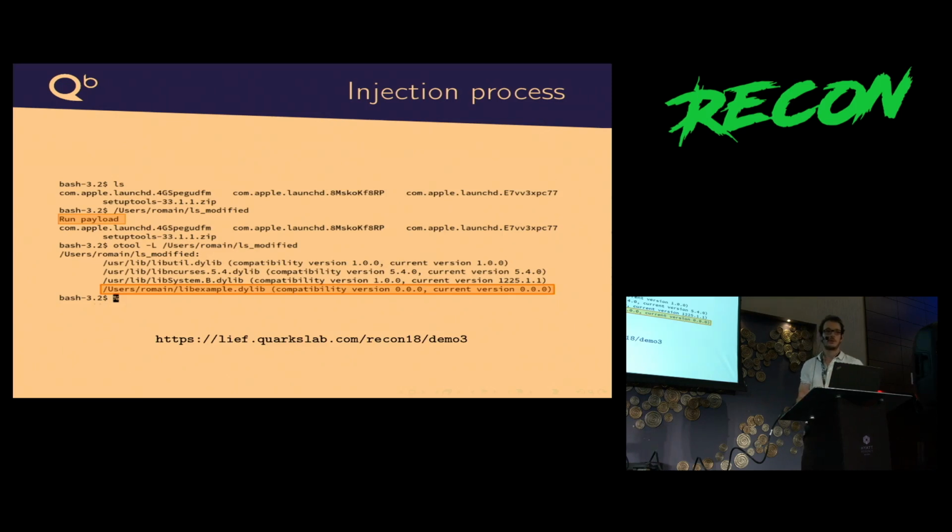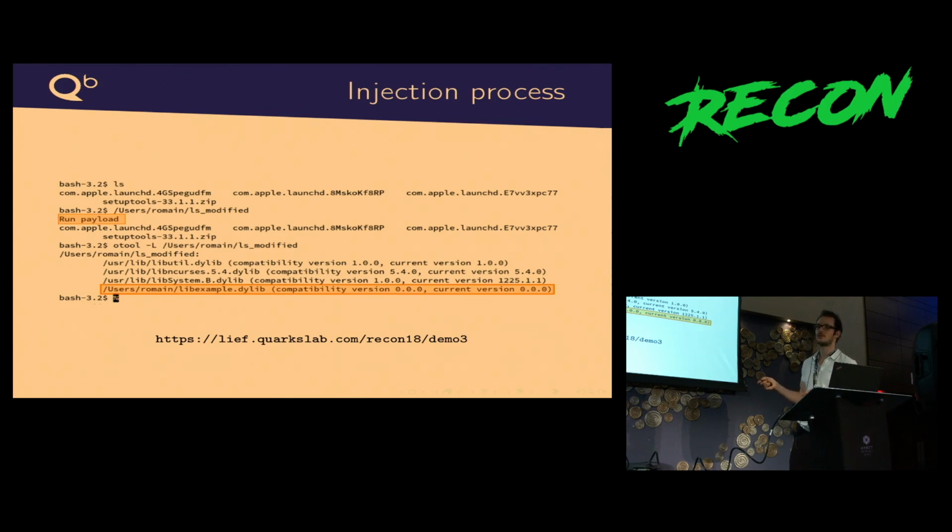And now, if I run the ls program, here is the normal execution, and if I run the new program with the new dependency, I can see that first I have the run payload at the beginning. So here is the call to the constructor. And if I look at the dependencies of the modified ls, I can see that I have a new LC_LOAD_DYLIB command.